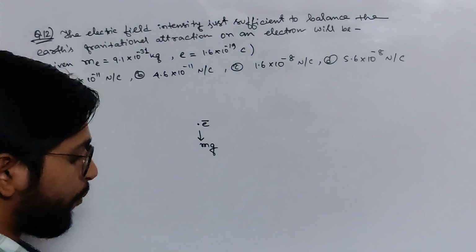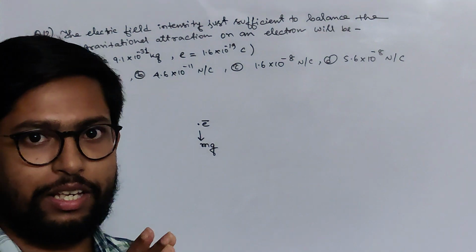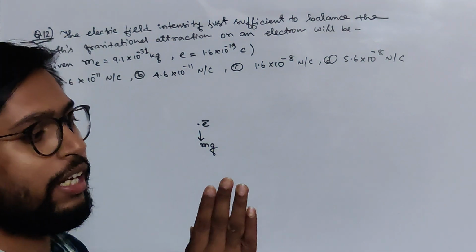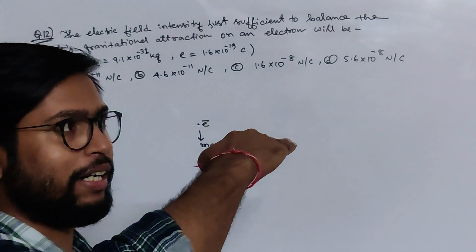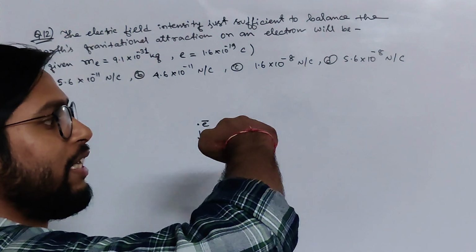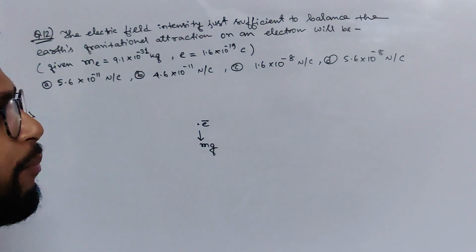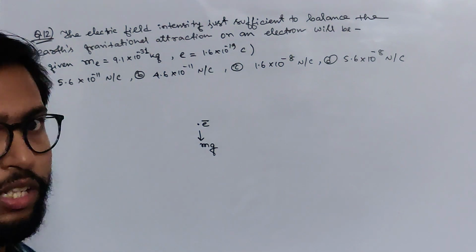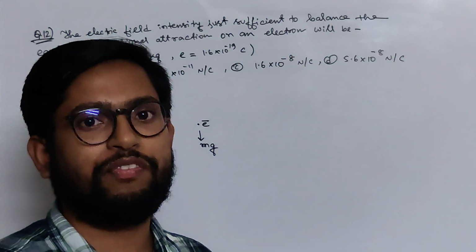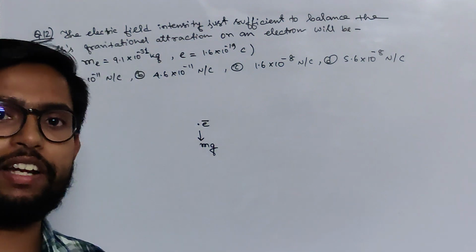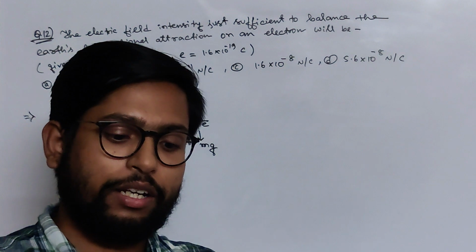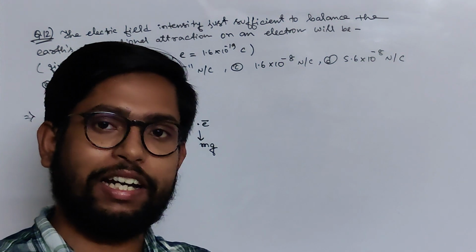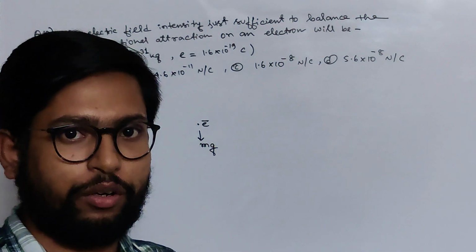Now if I can provide the same exact amount of force in the upward direction, then it will be suspended in air, it will be balanced in air. Now I can provide the same exact amount of force mg by applying an electric field, and we know for an electric field the electron will experience a force equal to the electric field intensity times the charge of the electron, right?